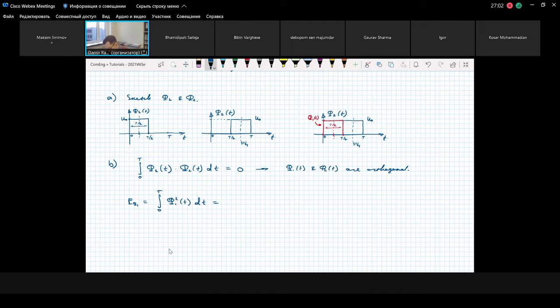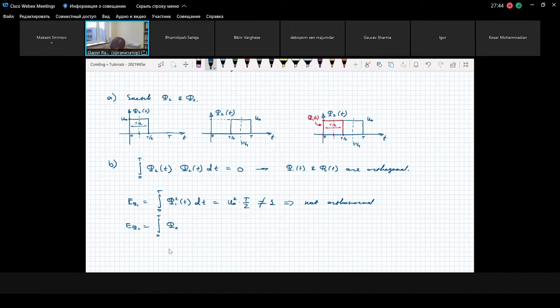Over the symbol interval we have amplitude U0 with duration from 0 to capital T over 2. Energy, as a result, will be U0 squared times T over 2. This quantity in general does not equal 1, and as a result, it's not orthonormal.